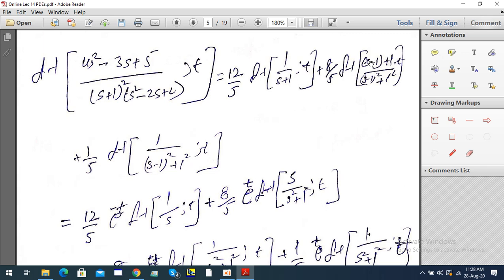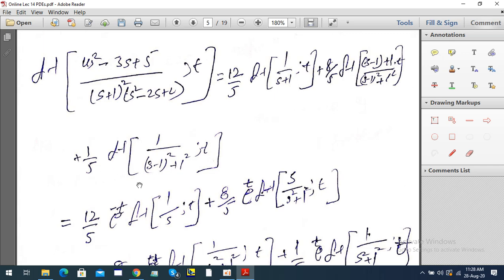By using the above theorem on shifting property, this will come out. Now in this one, this is f of s plus a, but this one is f of s minus a. So e power minus a t. So minus and a is also negative, so that becomes positive. And the Laplace inverse of s by s square plus 1.